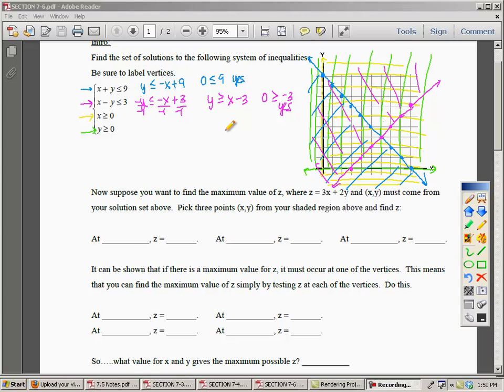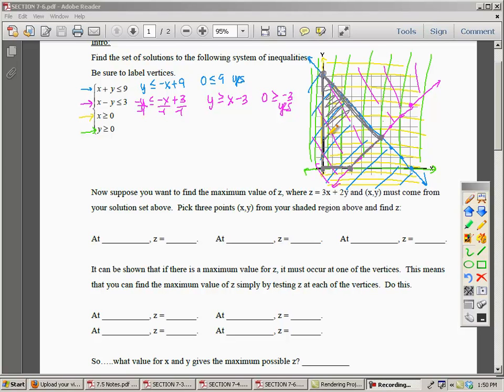Well, okay, I know I started at the point 0, 0 and I got here to this point 3, 0. And then it looks like it went up here and then it followed this line to this point and then came down straight.